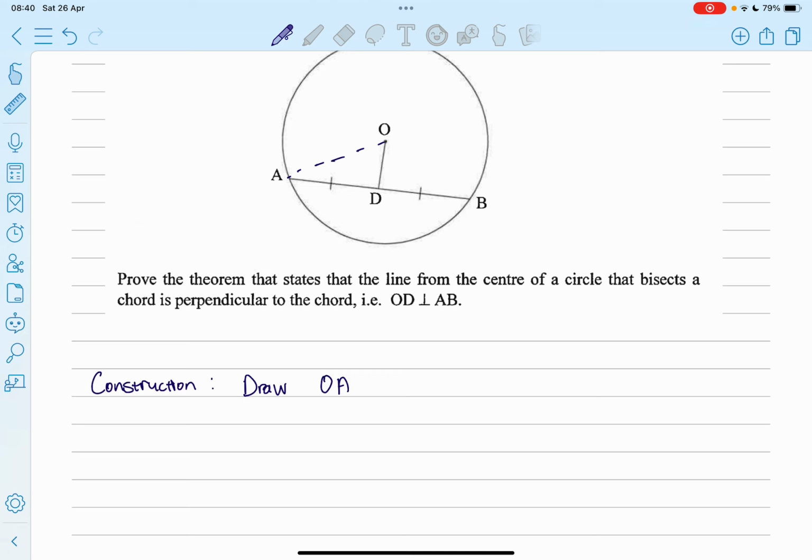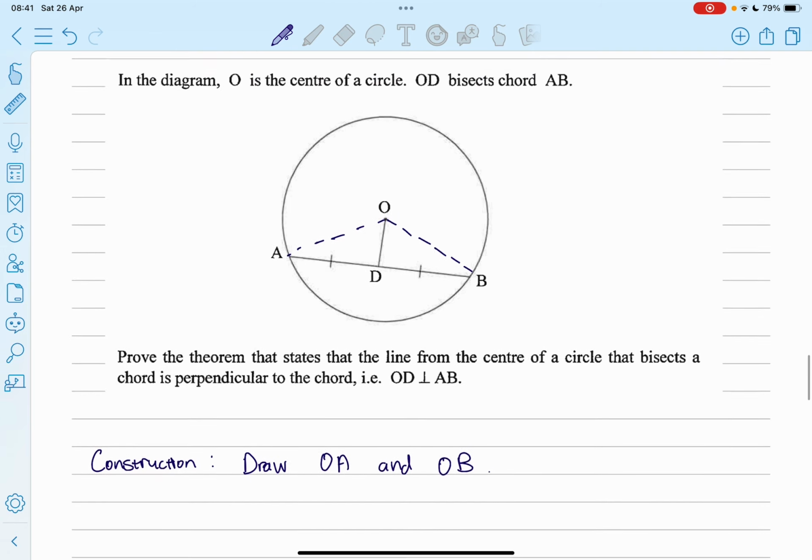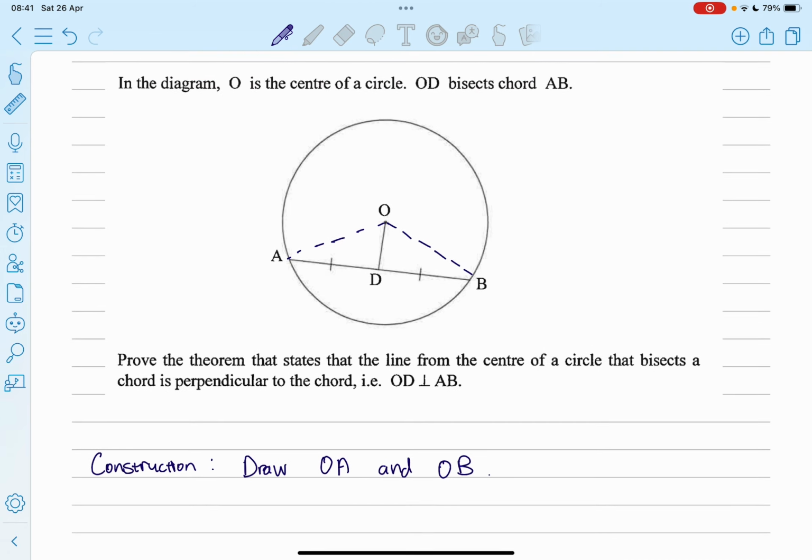And we're also going to draw another line from O connecting to B, OB. So that's our construction. This construction gives us two triangles. So what we can do is use congruency to prove that these two triangles are exactly the same. And then from there, we'll be able to prove that OD is perpendicular to AB.